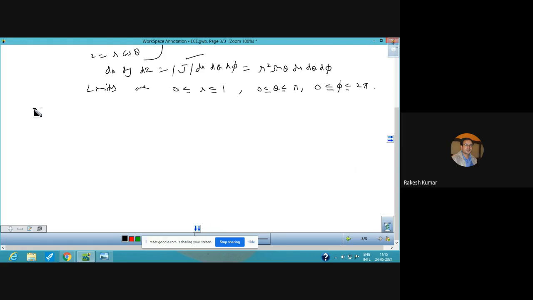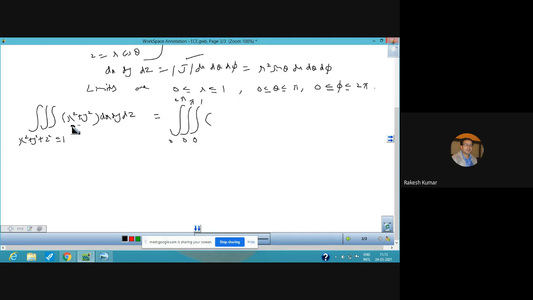Now you need to integrate the given integral, that is x square plus y square into dx dy dz, over the sphere we need to evaluate. The sphere is over this region, because we have to take the inside of the sphere. That is why less than or equal to has been taken over here. Now by using the spherical polar coordinates, the limits are 0 to 1, 0 to pi, and 0 to 2 pi.